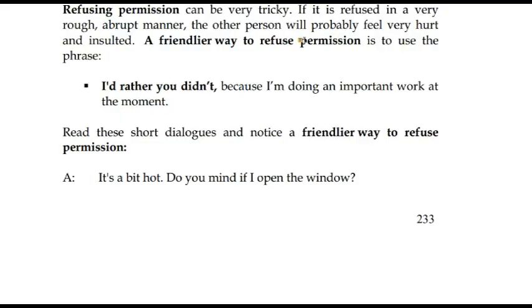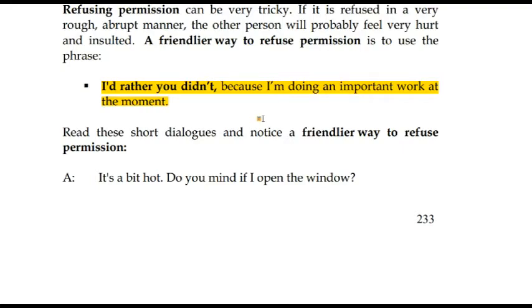A friendlier way to refuse permission is to use the phrase, I would rather you didn't because I am doing important work at the moment. This is the way to politely refuse something. Why?